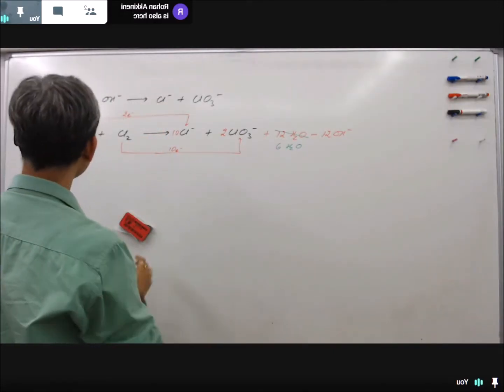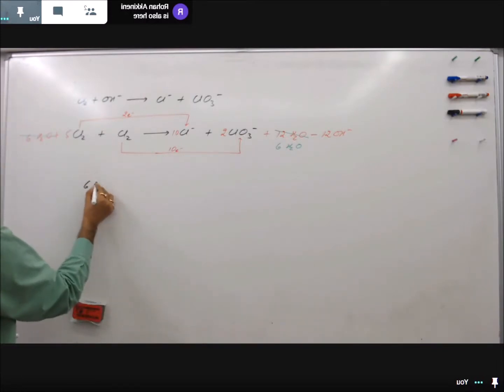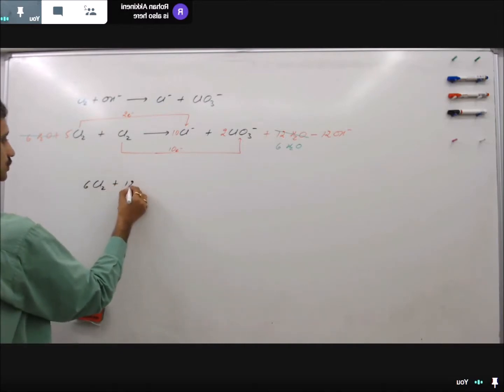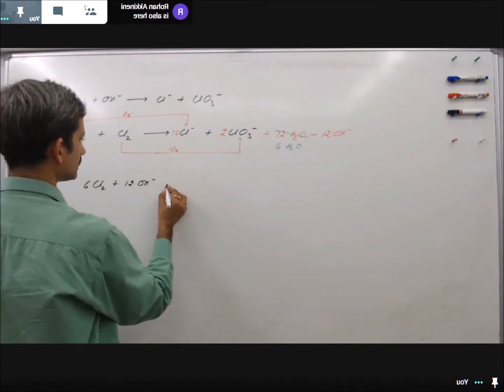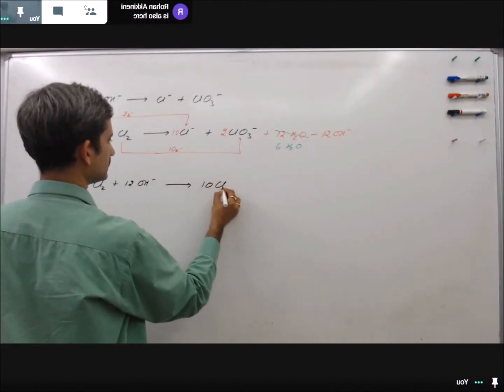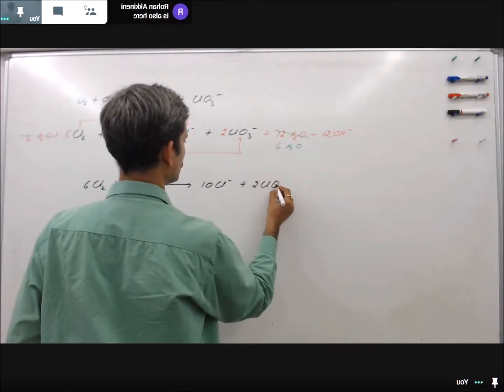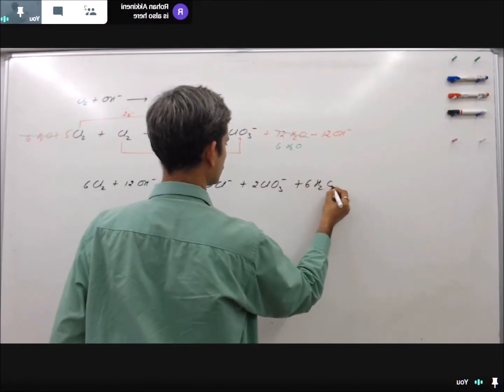So I'm going to get the equation as 6Cl2 plus 12 OH minus gives us 10 Cl minus plus 2 ClO3 minus plus 6 H2O.